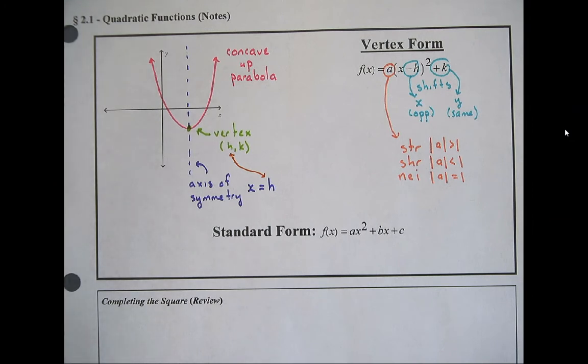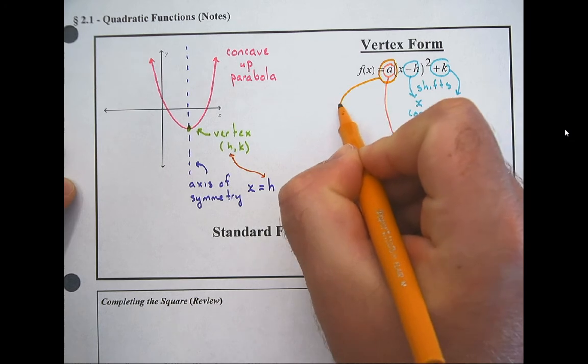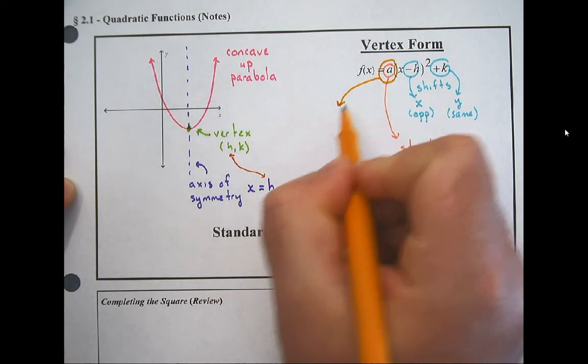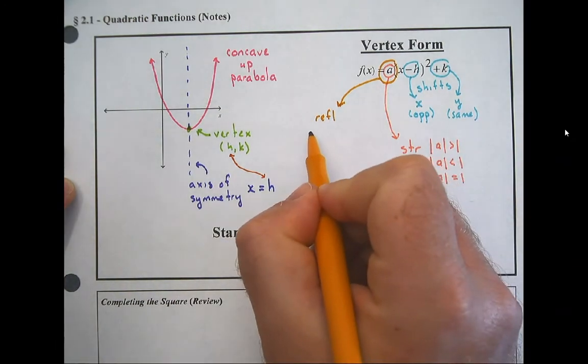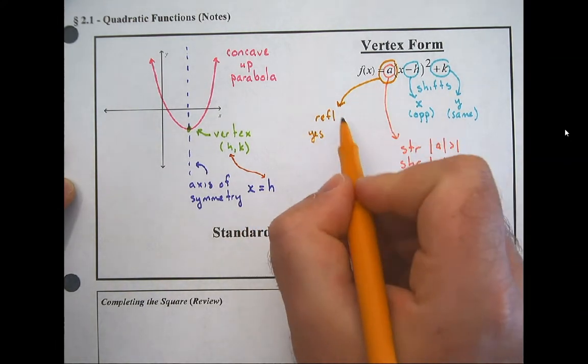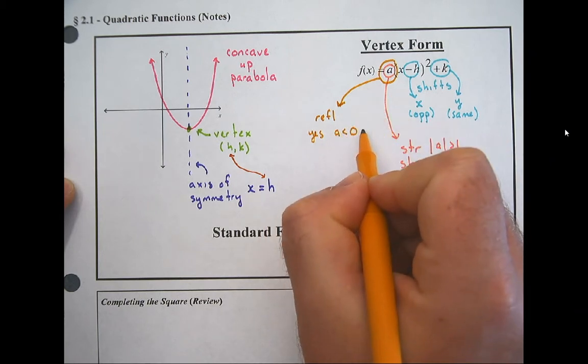And then last but not least, that value out front also determines whether or not our function is going to be a reflection. It's a reflection, yes, if a is less than 0, in other words, if a is negative.